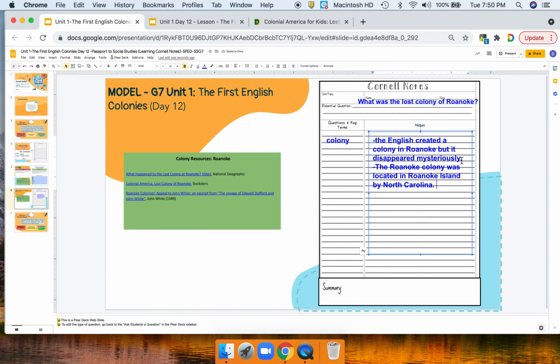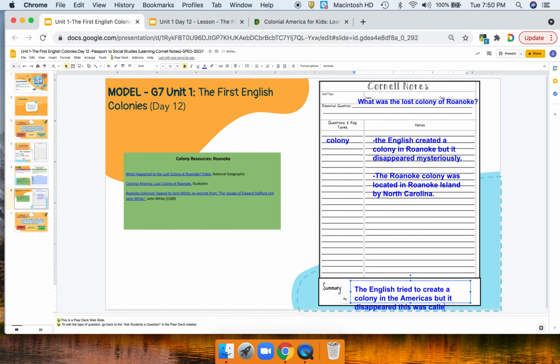Now, after I've read my whole resource completely, that's when I'm going to provide a summary. And the summary is going to be about what this resource was mostly about. So after I've read what I needed to read of this article, my summary will say something like, the English tried to create a colony in the Americas, but it disappeared.